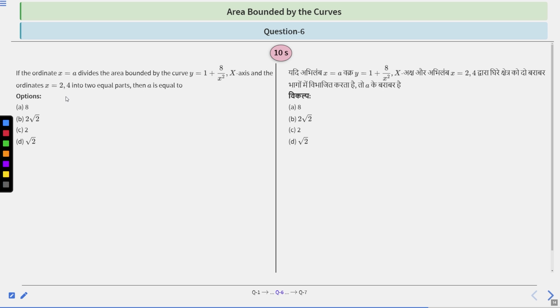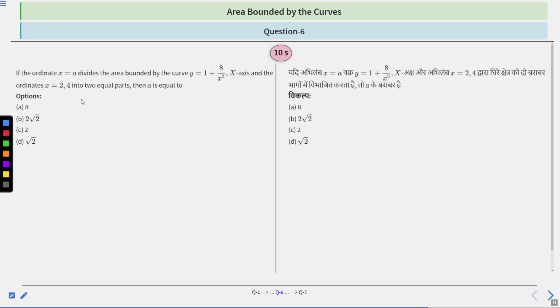So again, the hint of this question is, first we will try to draw this curve, and x equal to a divides the area bounded by this curve into two parts, between the ordinates 2 and 4. Then we have to basically find which a will divide this curve into two parts, right?